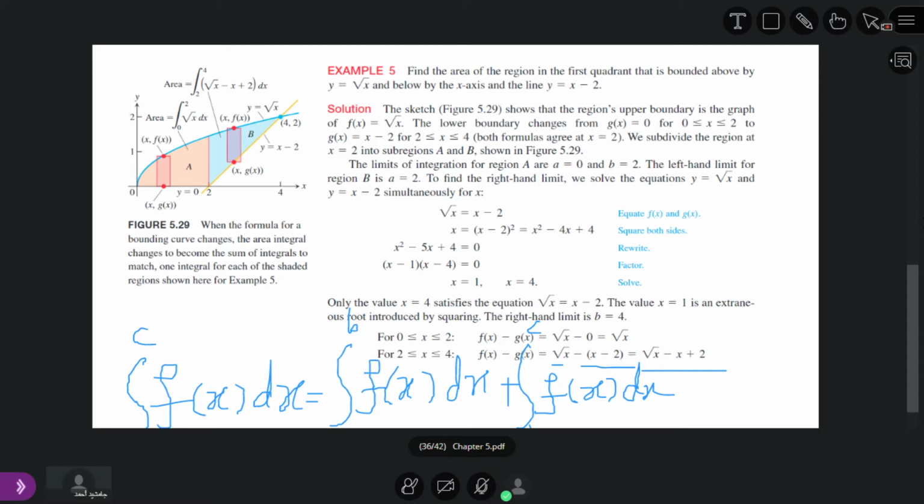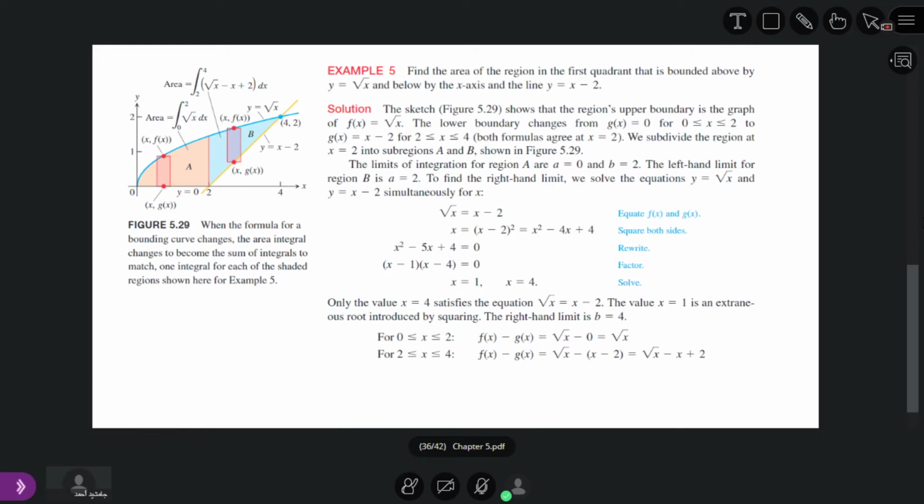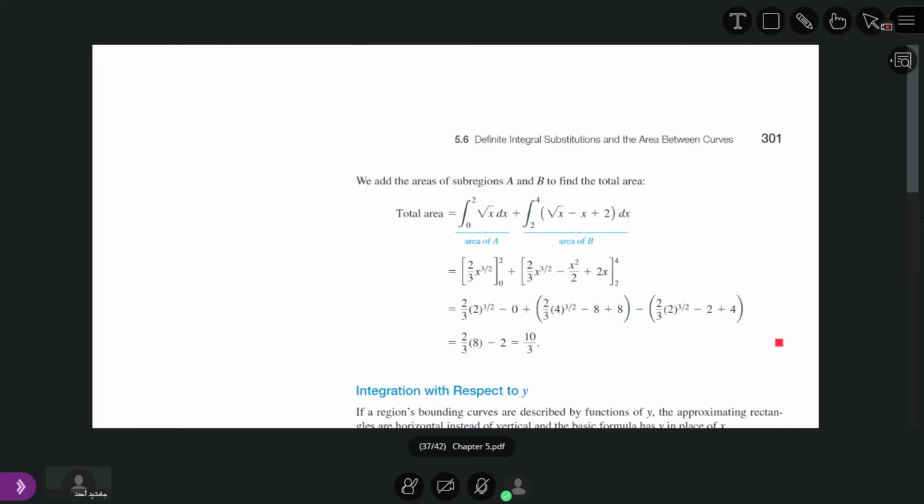So it means if we have to find the definite integral from 0 to 4, we convert it into 0 to 2 and 2 to 4. Here on the top, the total area is equal to the definite integral from 0 to 2 plus the definite integral from 2 to 4.